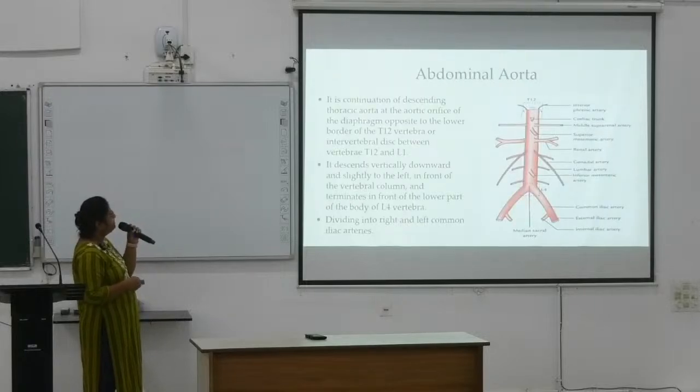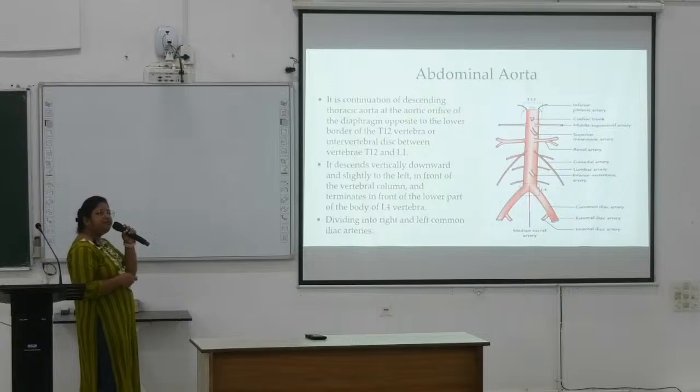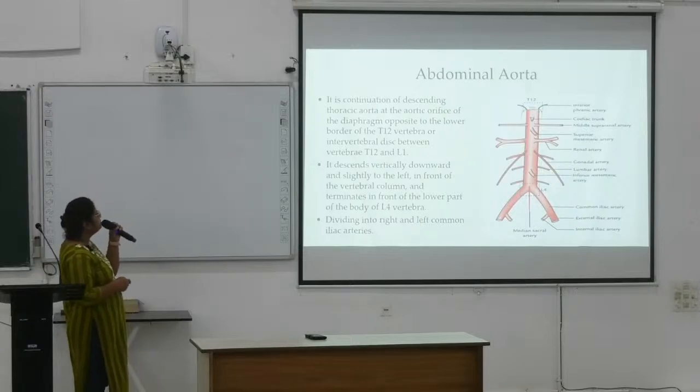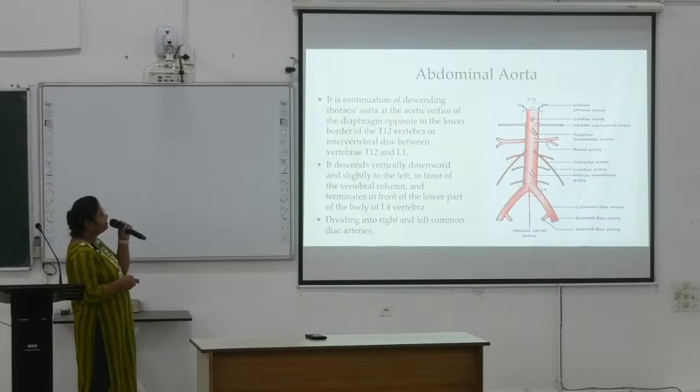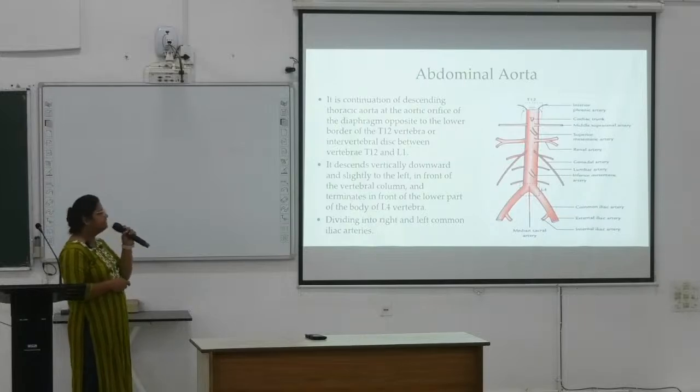so abdominal aorta, it is continuation of the descending thoracic aorta at the aortic orifice. T12 level lies the aortic orifice.